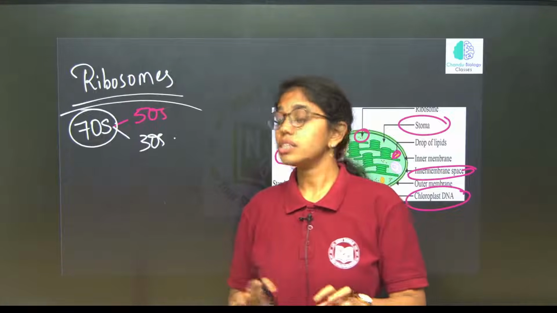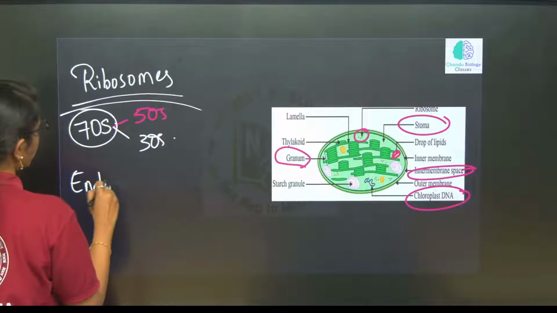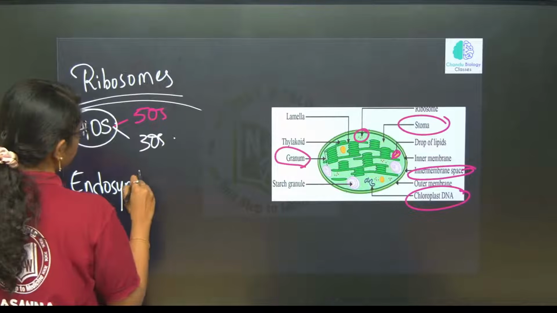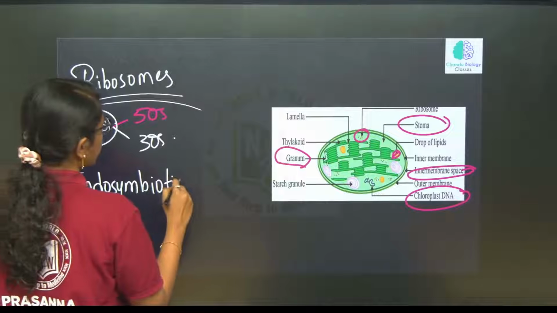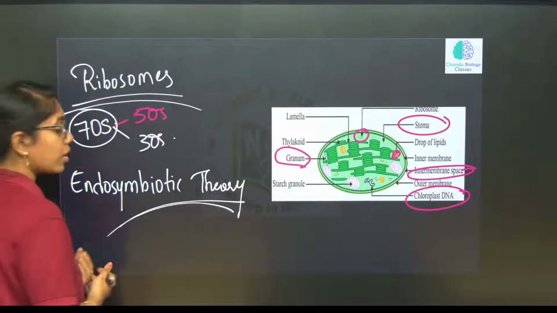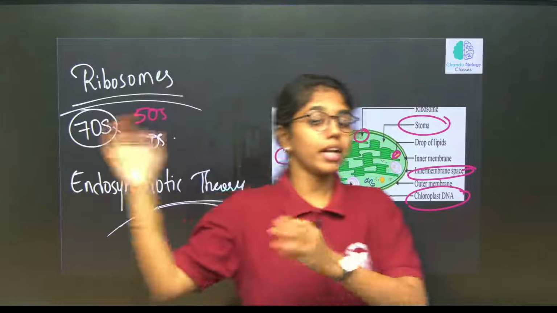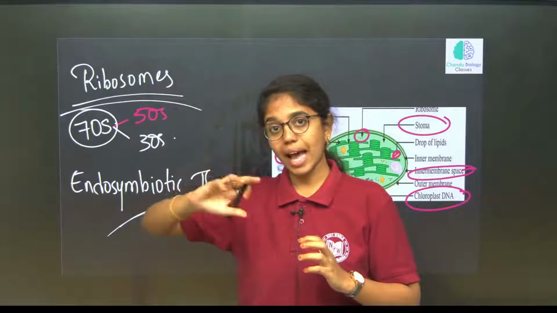That is clearly explained under the concept of endosymbiotic theory. Endosymbiotic theory clearly states that chloroplast and mitochondria were, once upon a time, independent prokaryotic cells in the ancestral time.